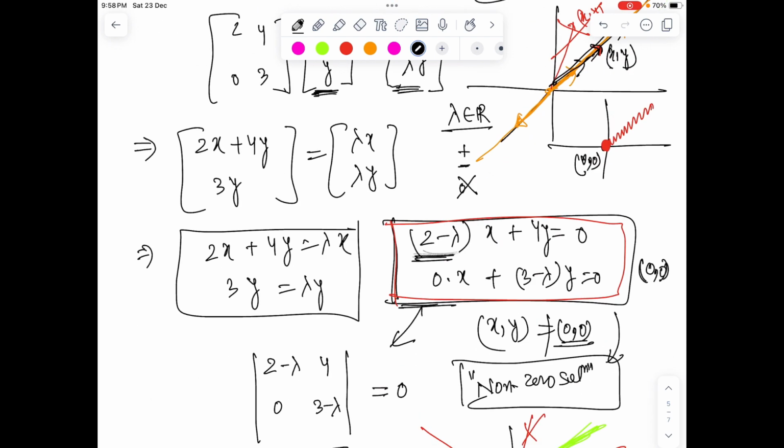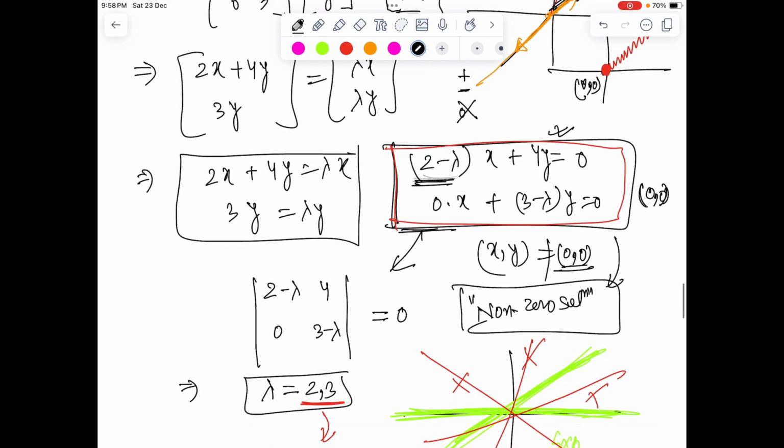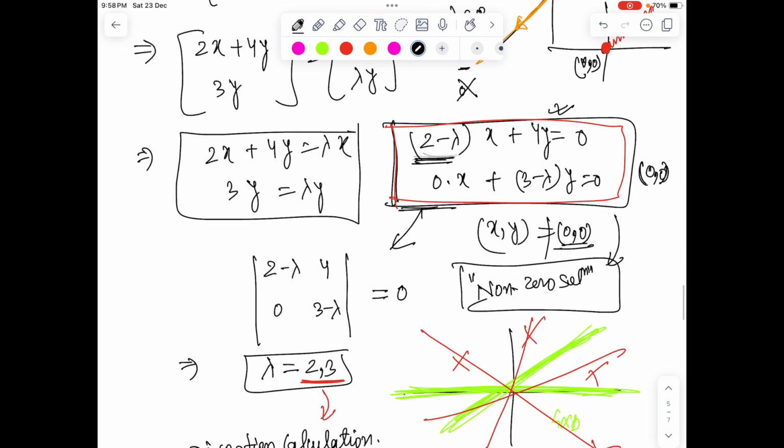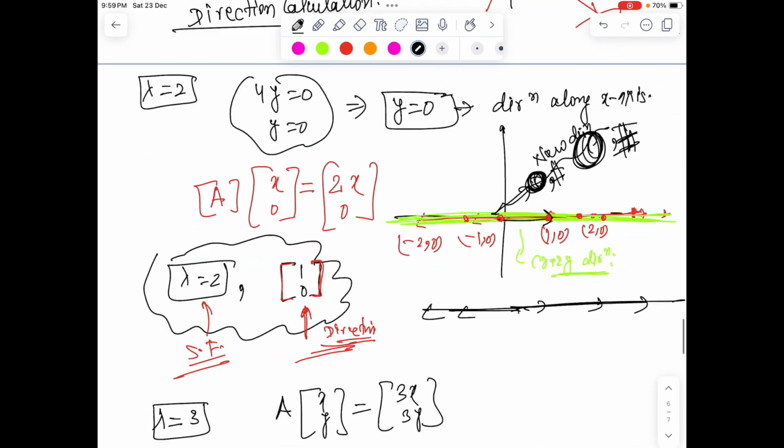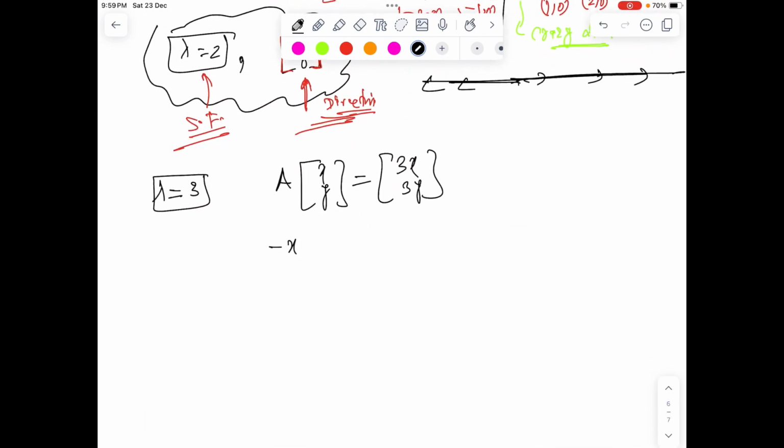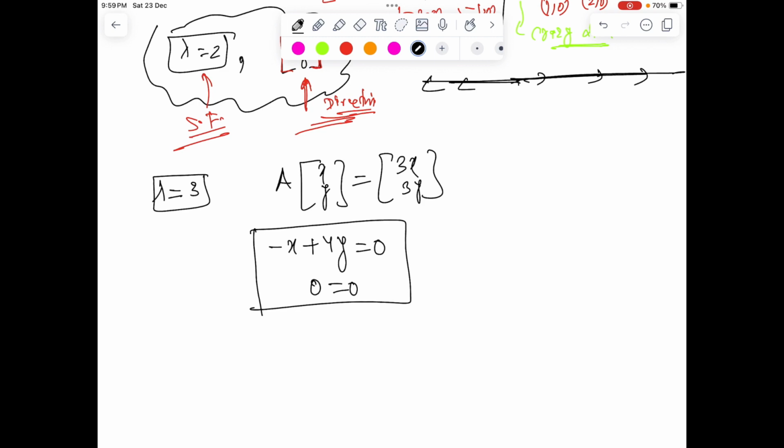So let's see, where is that magic direction? If I keep lambda equals 3, I'll get minus x plus 4y equals 0, and the second equation is giving 0 equals 0.